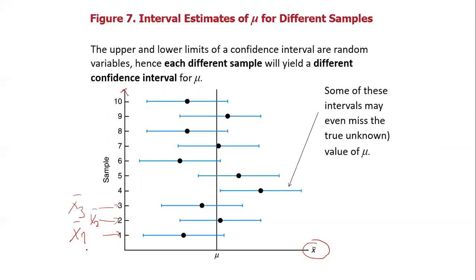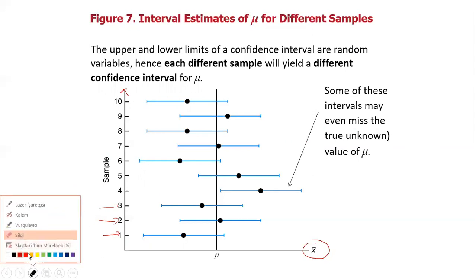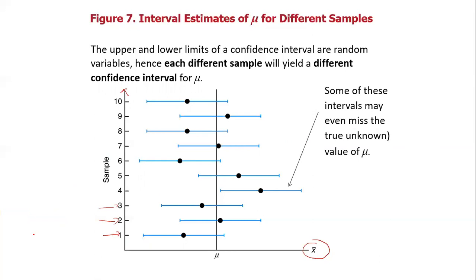What I'm trying to do is make a confidence interval using the x bars. Let me erase this and write the confidence interval for each sample.